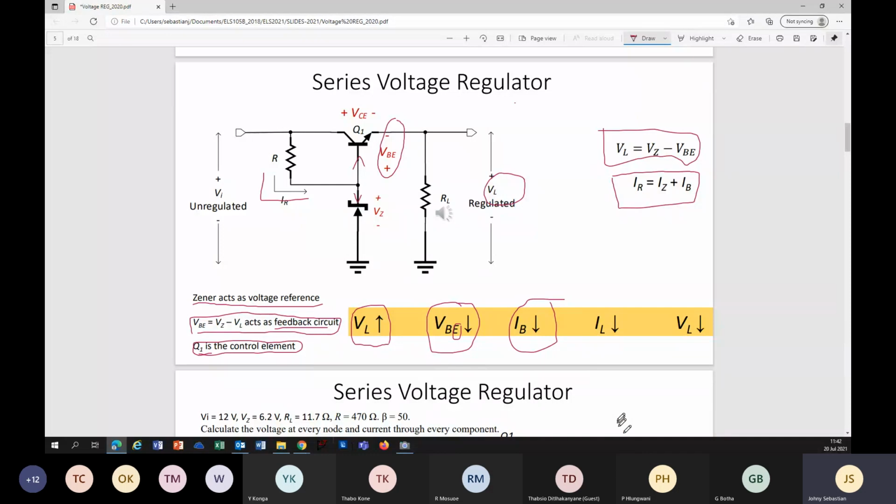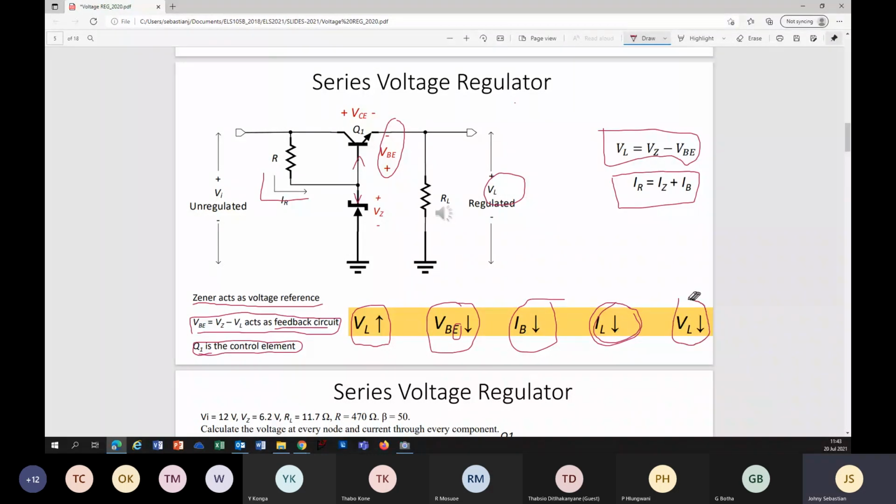Base current decreases means emitter current decreases. Do you agree? Emitter current is beta plus 1 times base current. Because in this circuit, emitter current is the load current. If emitter current decreases, your output voltage will decrease as well.